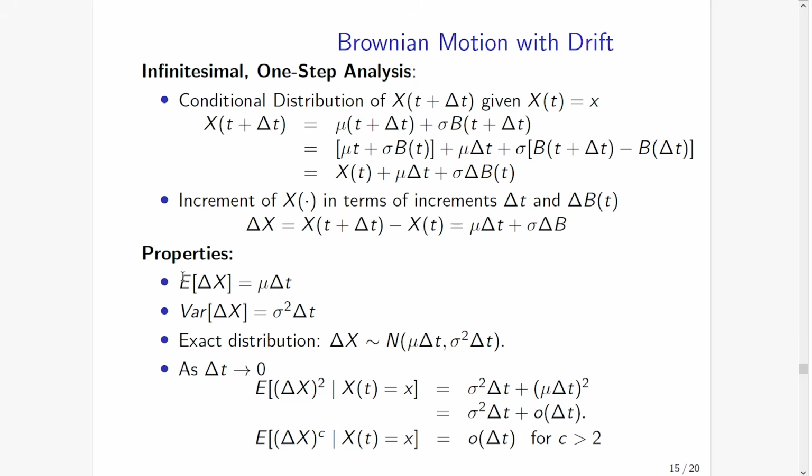So our expected squared increments will be, to order delta t, equal to sigma squared delta t, and then a small order of delta t term after that.